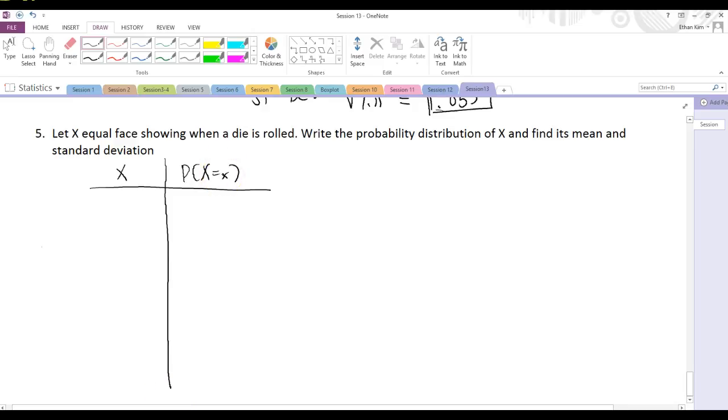So obviously you're going to have 1, 2, 3, 4, 5, and 6. This die has 6 sides. And again, the probability will be the same because it's equally likely that you have all of them. So it's 1/6 for all of them.